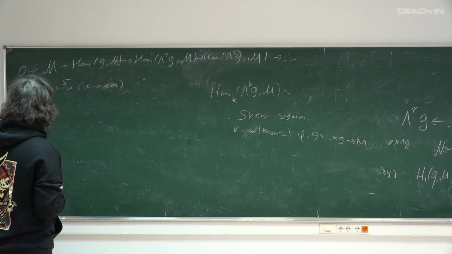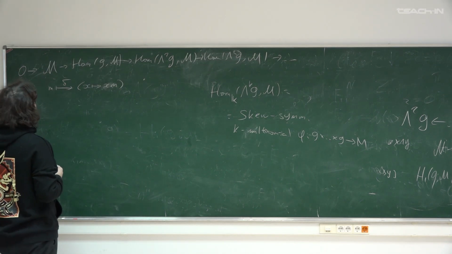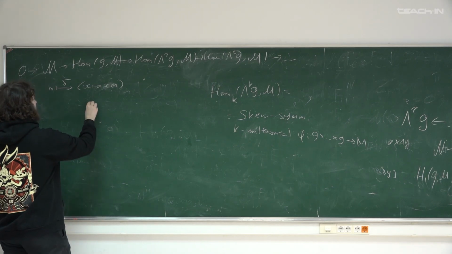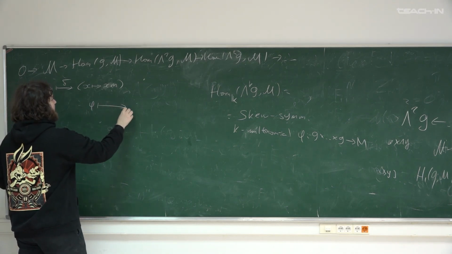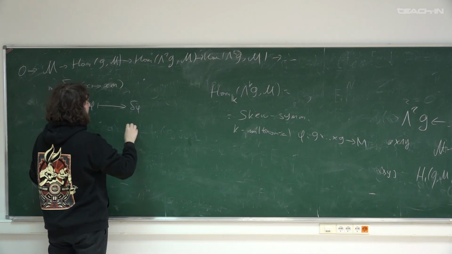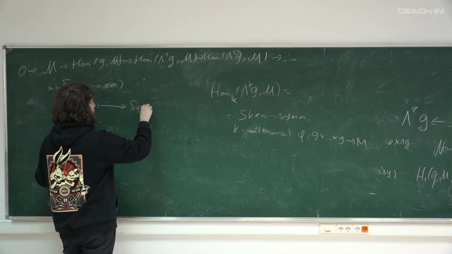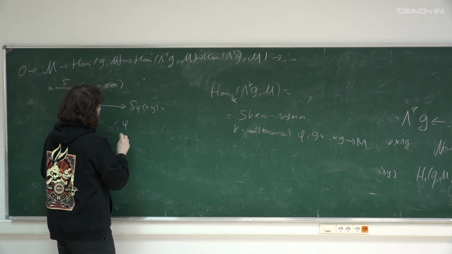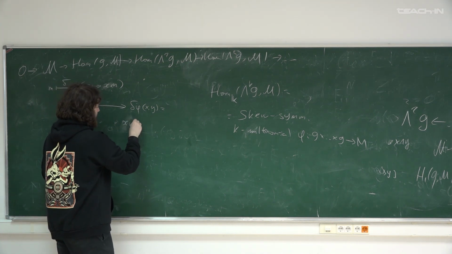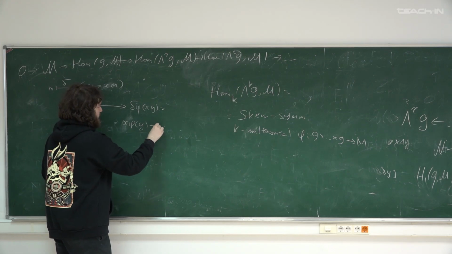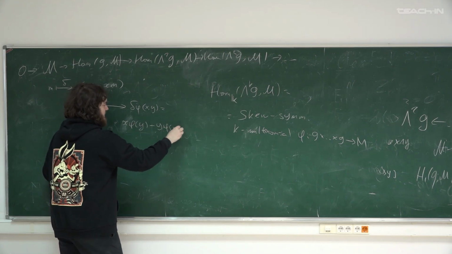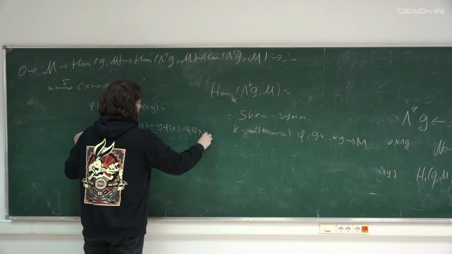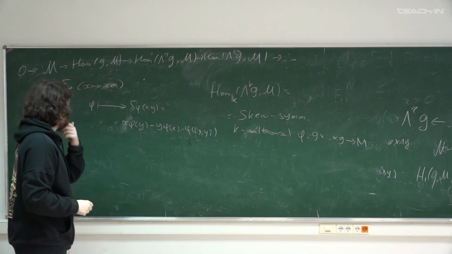Okay, just a constant form. Now if I have some form phi in 2 variables, delta phi of x, y is x phi(y) minus y phi(x) minus phi of the commutator. It's skew-symmetric.